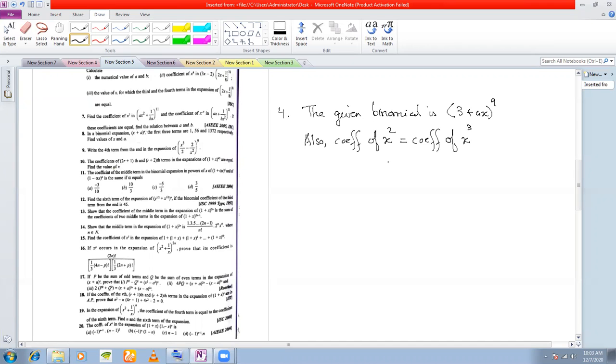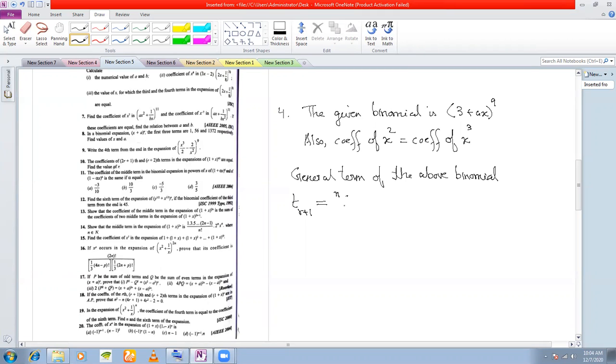So let us first find out the general term of this binomial. What is the general term of the above binomial? T(r+1).